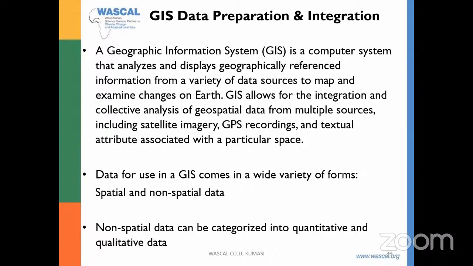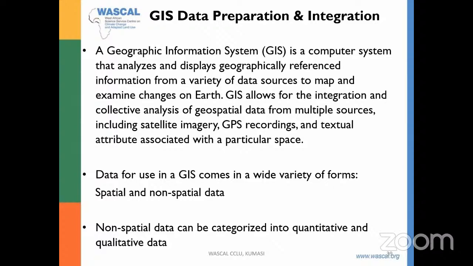Now, once we have downloaded all these, we have processed the data and a whole lot of these remote sensing data. Before we can use these data sets, there is another aspect that we have talked about, which is the geographic information system, which is a computer system that helps us in the display and analysis of geographically referenced information from a variety of sources.